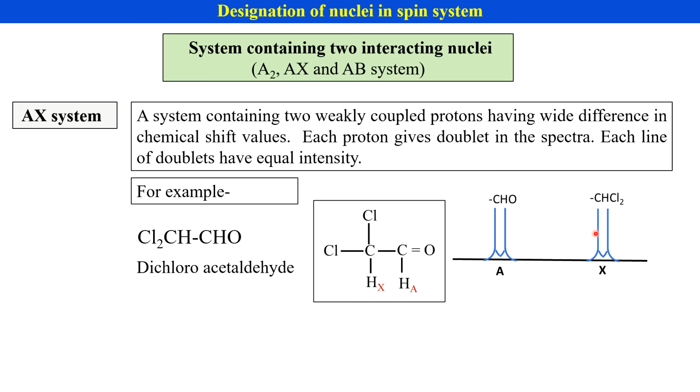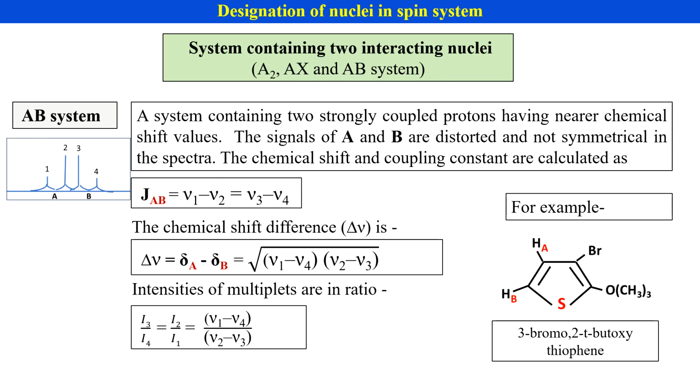These doublets have equal intensity. The spectrum is a first order spectrum. For example, dichloroacetaldehyde, A and X. A gives a doublet, X also gives a doublet in the spectra. The splitting is according to the n+1 rule.